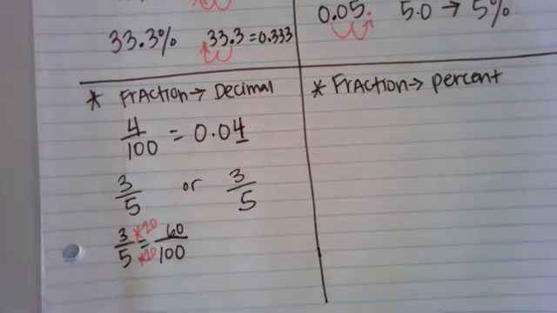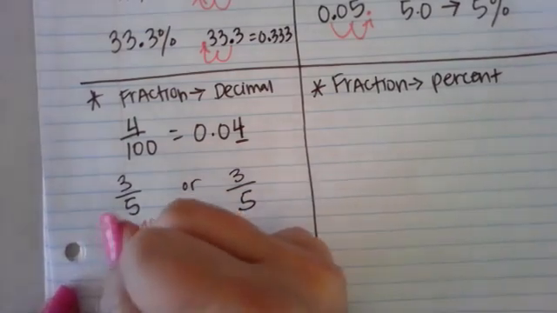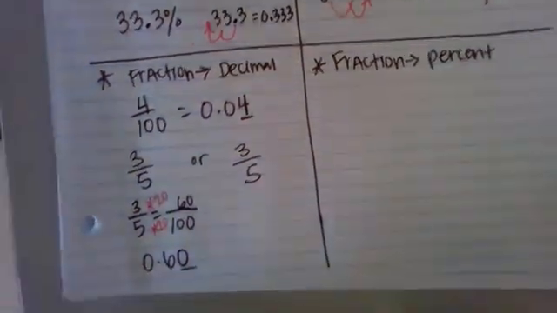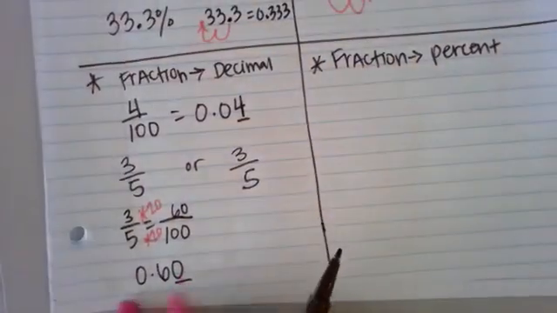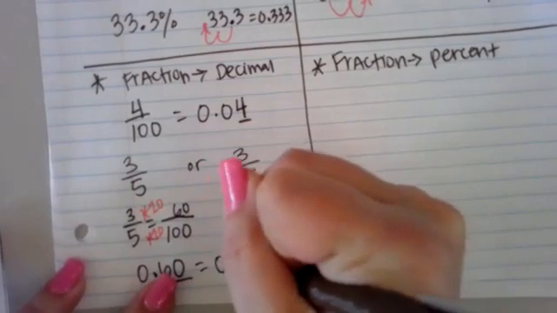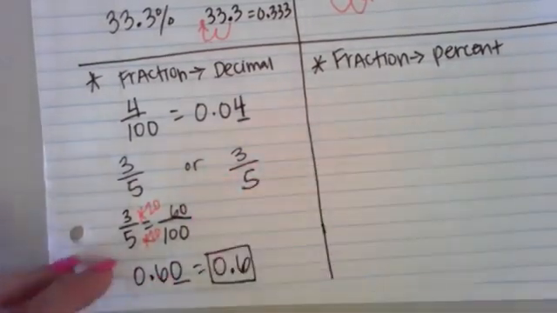I can put 60 over 100 into a very simple decimal, right? 60 hundredths means that it needs to look like this, 0.60. This needs to end in the hundredths spot. But since this is just a 0 after the 6, I can rewrite this as just 0.6. It simplifies to this decimal.